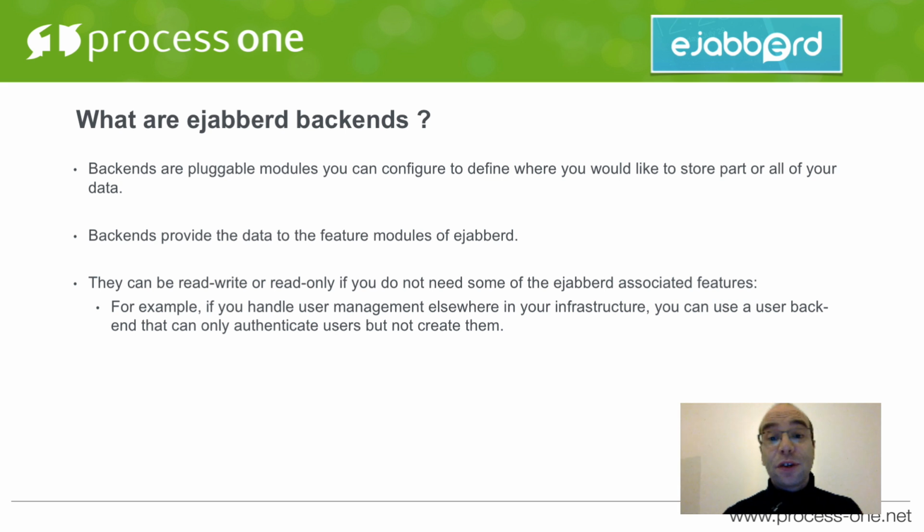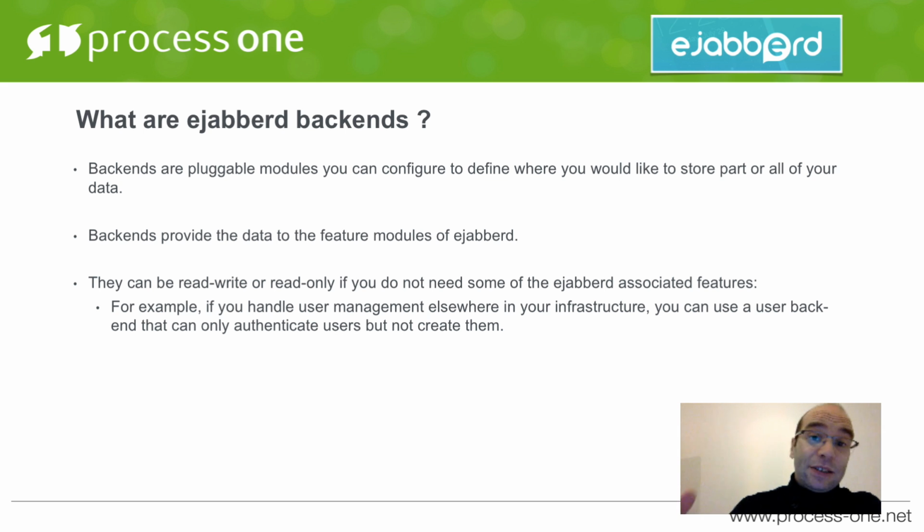It means you can configure them to define where you would like to store part or all of your data. So you will have, for example, a backend for authentication, and you will say my backend is my Active Directory or my LDAP directory, or it's my MySQL database.